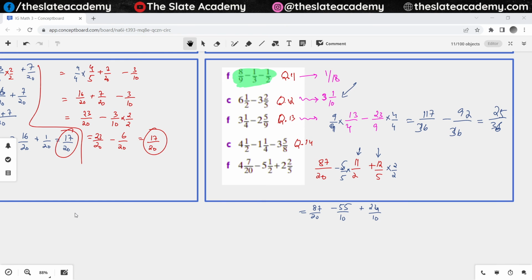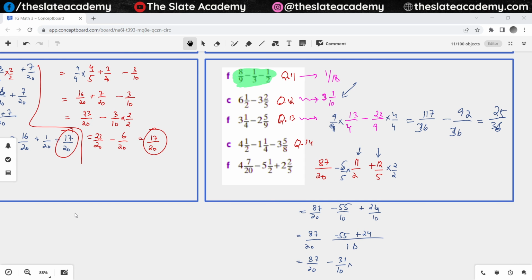Okay, so I say 87 by 20 stays the same. Here I've got 10 and minus 55 plus 24. So that would be 24 minus 55, which is equal to 87 by 20 and minus 31 by 10, you say? 31 by 10.